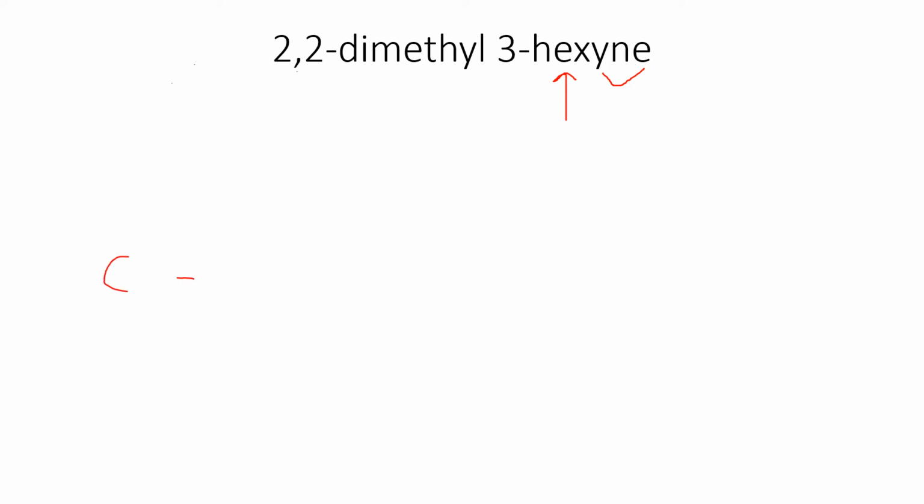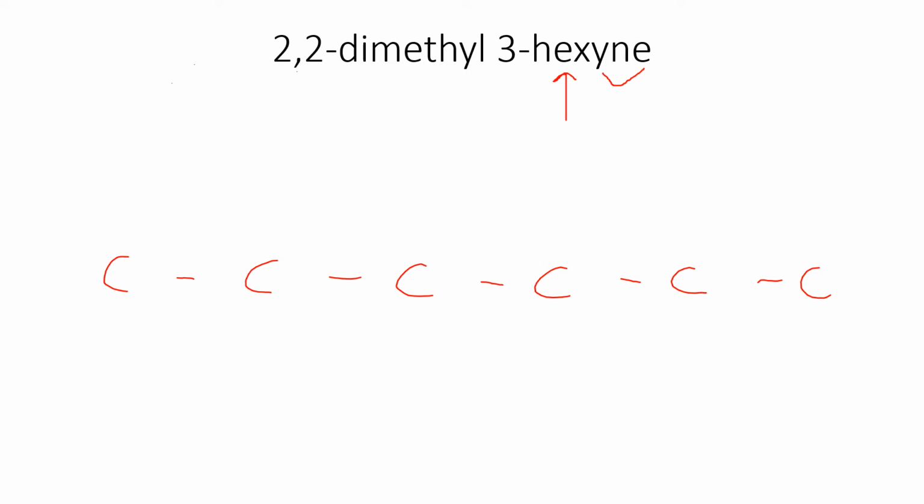1, 2, 3, 4, 5, 6. I have my 6 carbons in place. It's telling me I have a triple bond that starts at position 3. So we count over 3 carbons. That's where we're going to start the triple bond at.